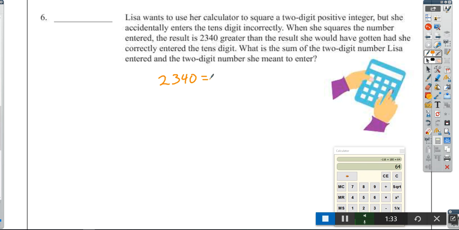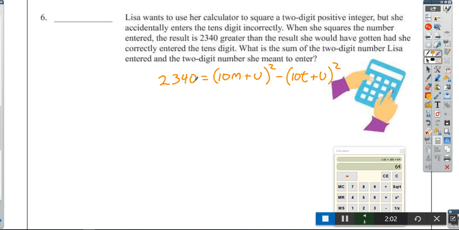Because the result of my error is larger than the result of what I really want, that means 10 times the mistake tens digit plus my units digit, squared, minus 10 times the tens digit I really wanted to use plus my units digit, squared, has to equal this.